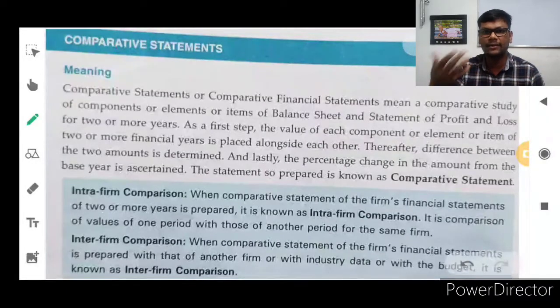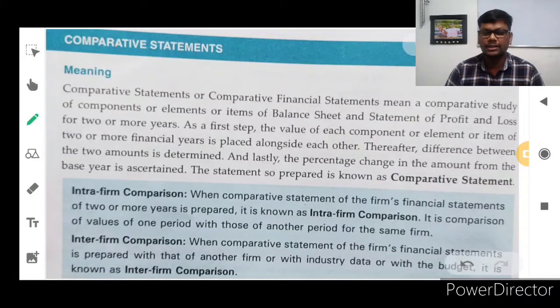Intra-firm comparison means within the firm they compare with their previous year balance sheet or previous year income statement. So we usually take 2 years' balance sheets to compare the current year balance sheet and the previous year balance sheet, and see how many percentage increase compared with the previous year. Similarly, if you are taking the income statement, how many percentage it is increased or decreased, we will get to know.